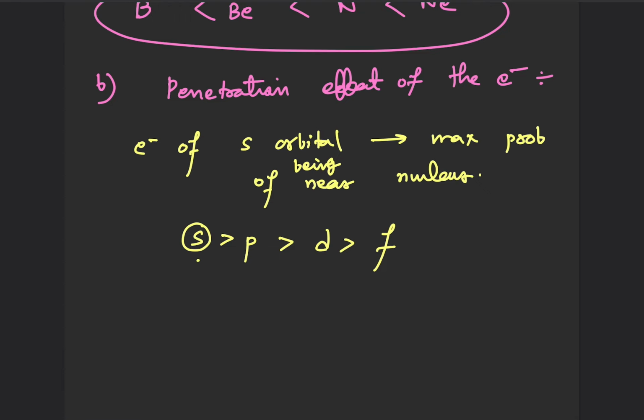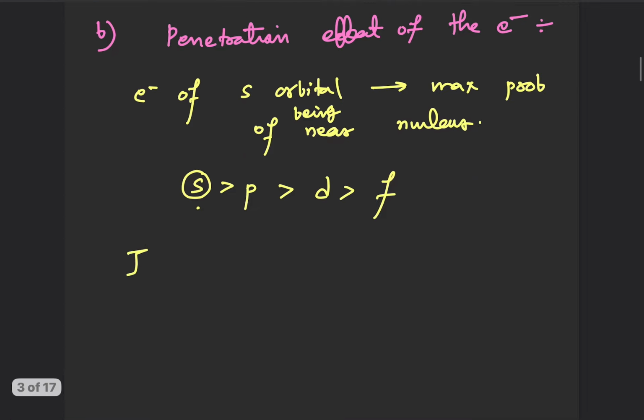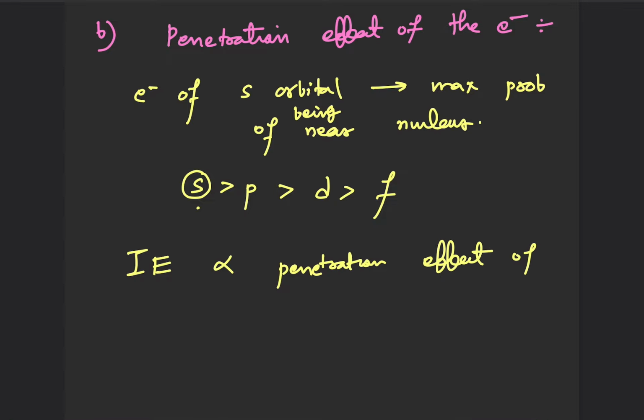And if the penetration effect of an electron is more, it will be closer to the nucleus and held firmly by the nucleus, isn't it? So therefore ionization energy will be high because it is spending more time near the nucleus. So ionization energy is actually directly proportional to the penetration effect of the electron.